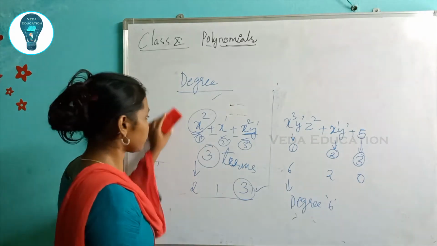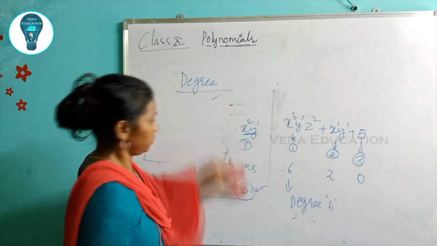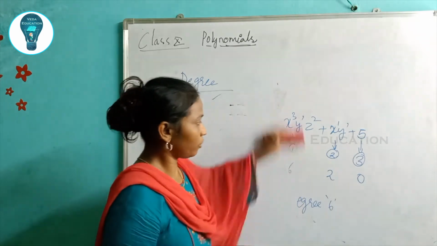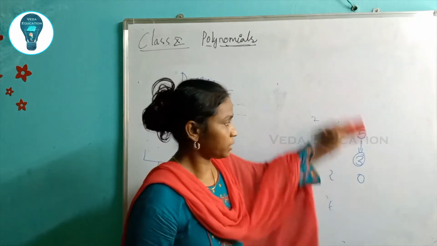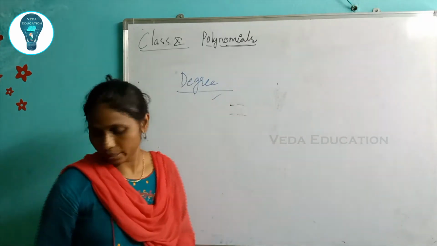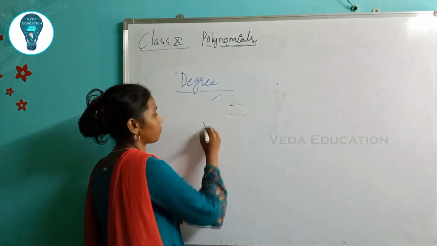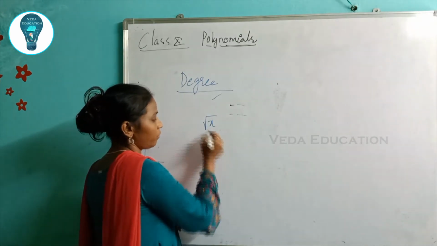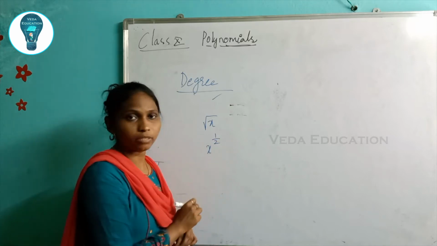Next, based on degree, before that, first we will discuss what a polynomial is. Here we discussed degree now. Look at root x. Now what is the degree of x? Root value is 1 by 2, so in power you can write 1 by 2.